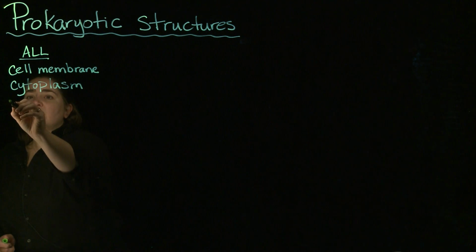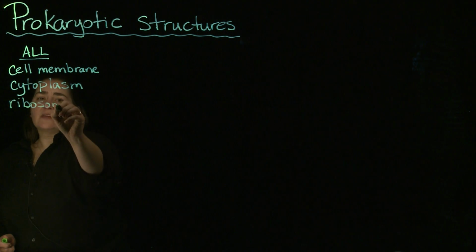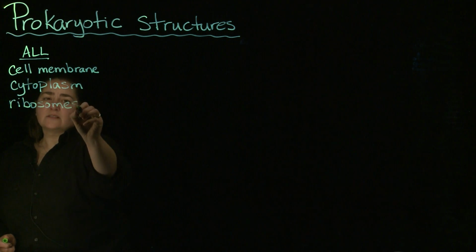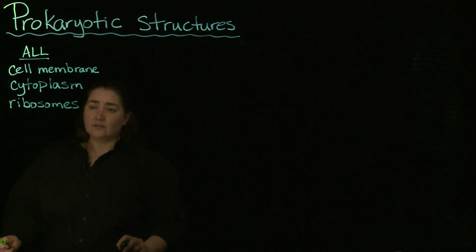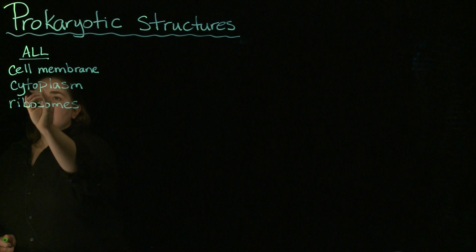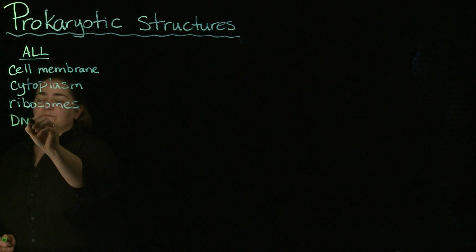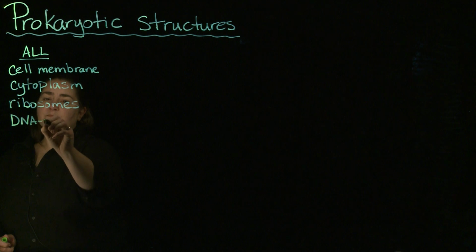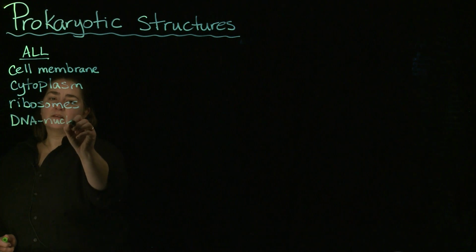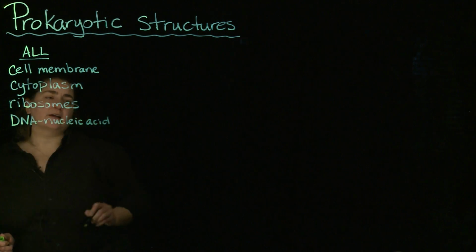We have to have a way to make proteins. That way to make proteins is going to be the ribosomes. The last thing present in all prokaryotic cells, we've got to have some nucleic acid.